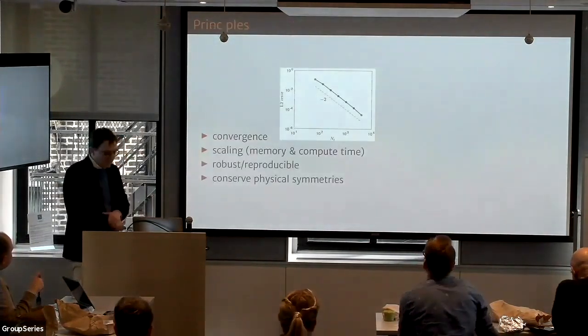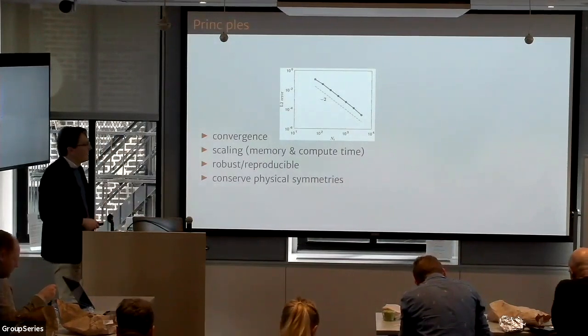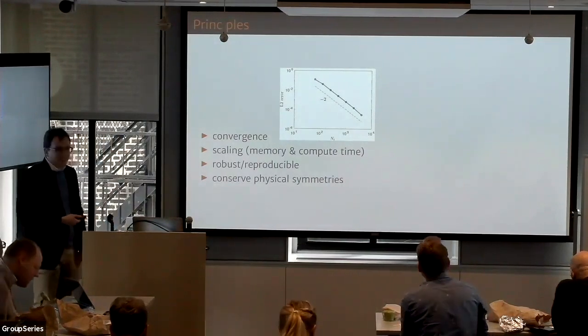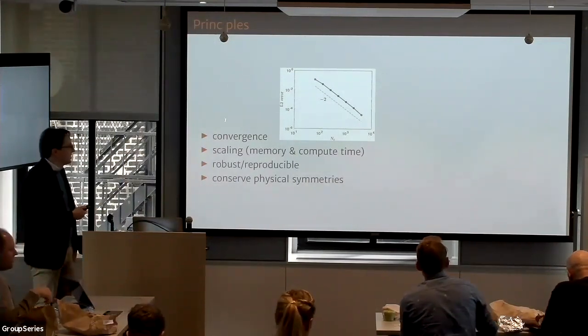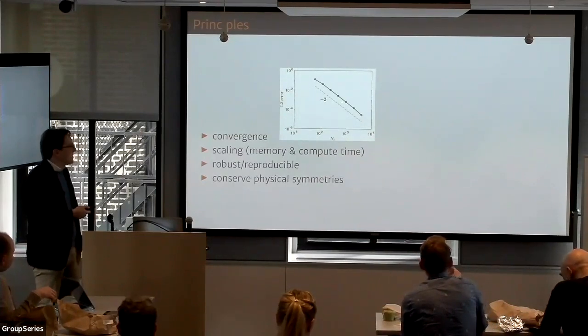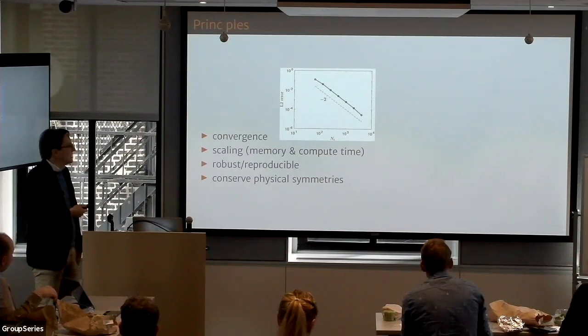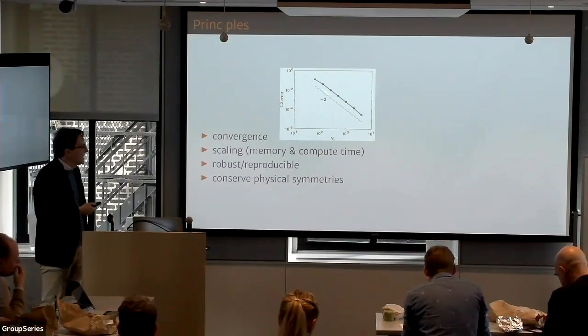So it's really important to think creatively sometimes, but also keep in mind that you want some nice robust properties. For example, you typically want to test your method always for convergence. So you want to make sure that if you increase the resolution, you have well-behaved errors that usually converge at least as fast as some power law.